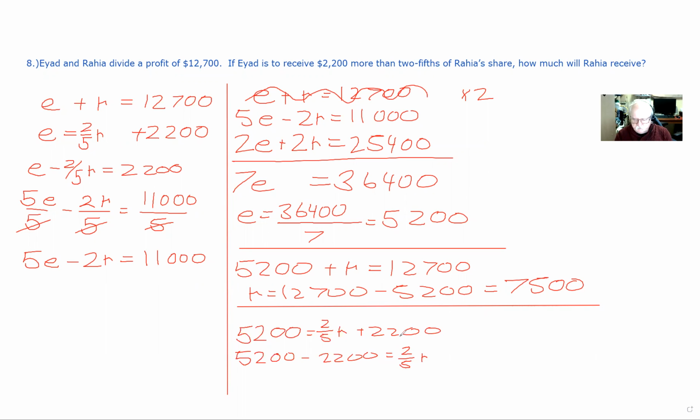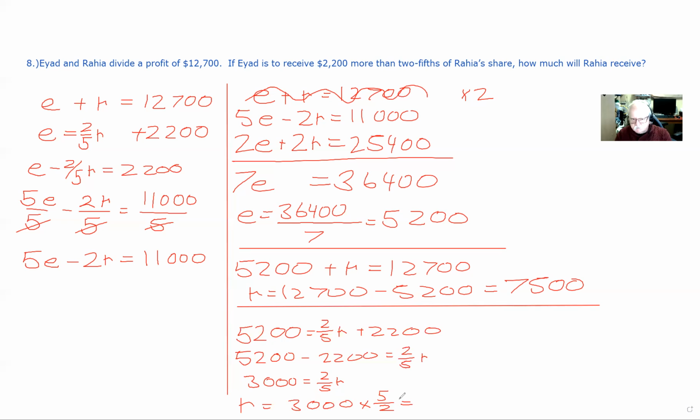So 5,200 minus 2,200 is 3,000. And now we can solve for R by multiplying through by 5 over 2. So R equals 3,000 times 5 over 2.